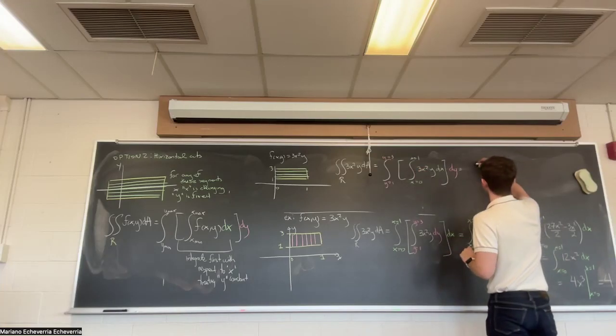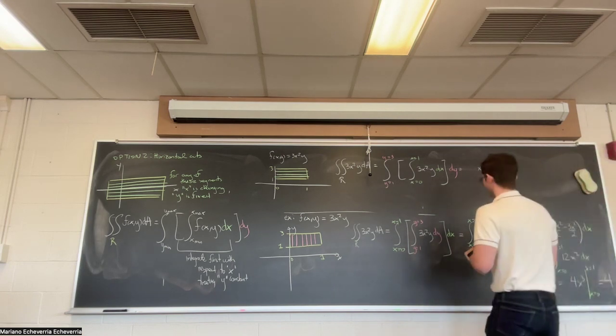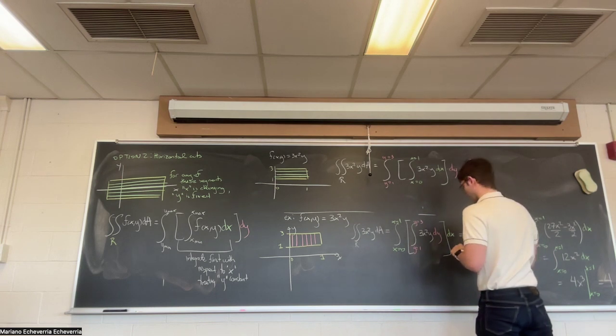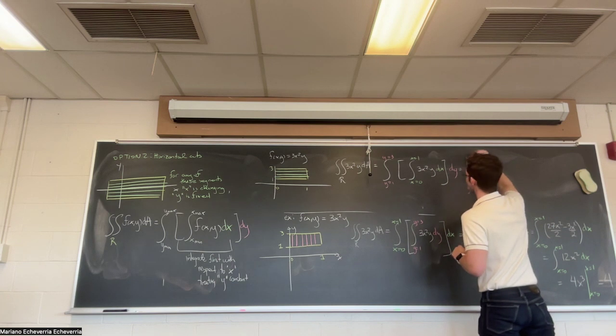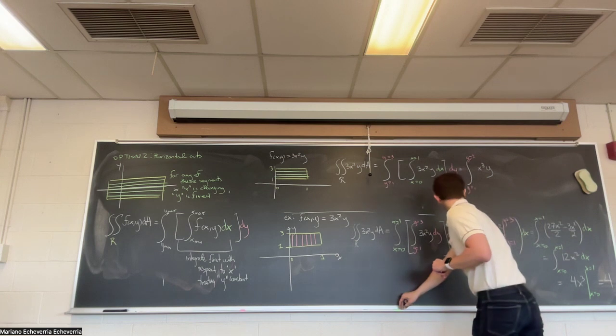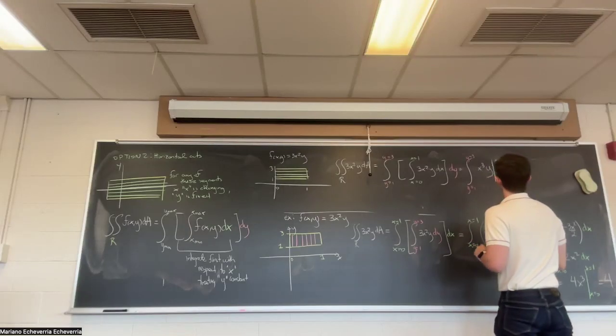So you are really just getting x cubed y. That's like the antiderivative if you like. And this is then evaluated at x equals 0 and x equals 1.